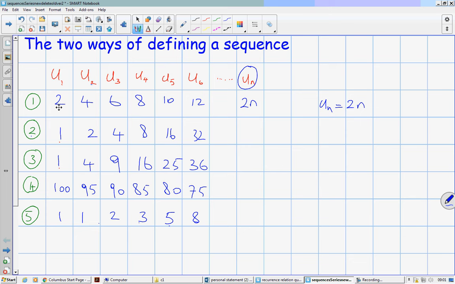So you recognise that it's kind of 2 to the power of n. But it's not exactly that, because if you put 1 in, you get 2, and if you put 2 in, you'd get 4, so you're 1 out. So how do you make it go 1 backwards there? 2 to the n minus 1. Sounds like a good plan. So we get Un equals 2 to the n minus 1.